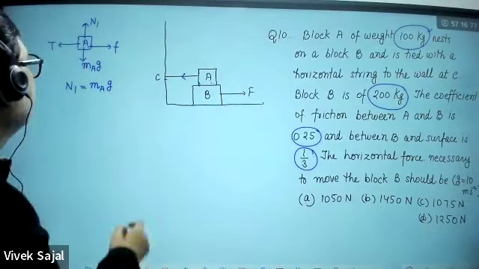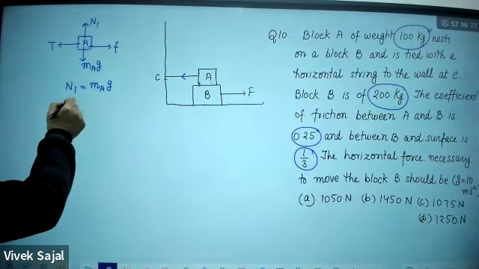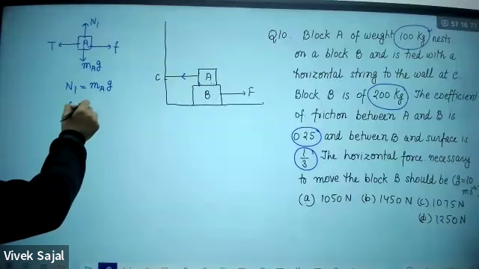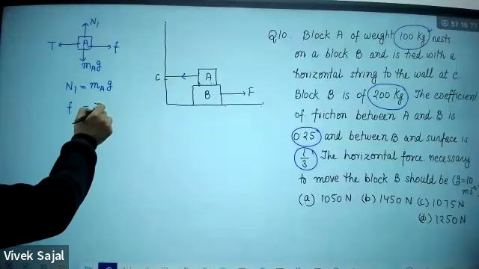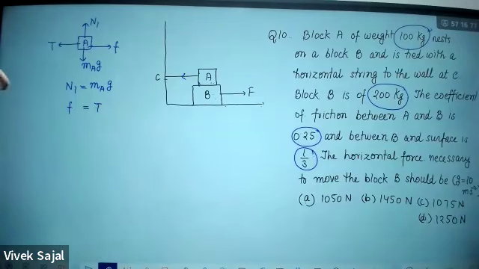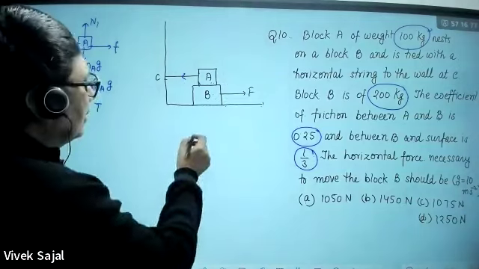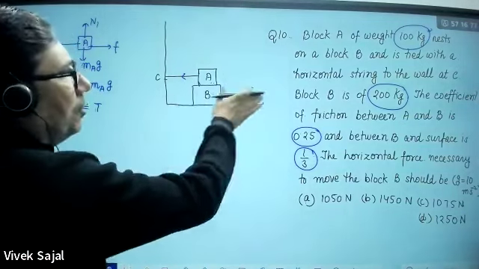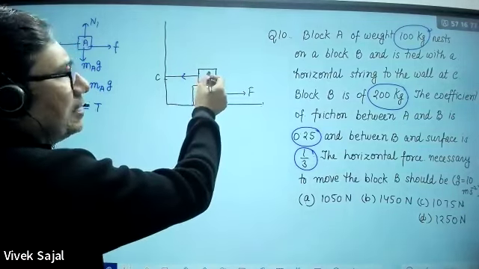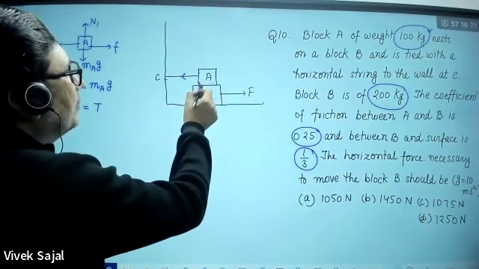Now look at this. And second equation, even if you want, I don't need this one, but this will be F. F will be equal to T. And for the second block, this block is trying to move in this direction. So try to understand, if the block is moving, it is moving with respect to this A as well as the lower surface.